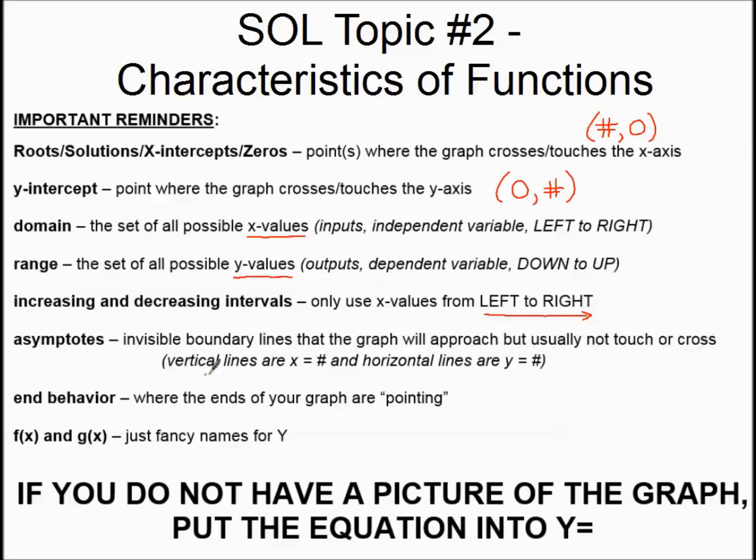For vertical lines, our equations will be x equals a number, and horizontal lines, our equations will be y equals a number. You see asymptotes with rational functions, exponential functions, logarithmic functions, to name a few. End behavior. This is where the ends of your graph are pointing.